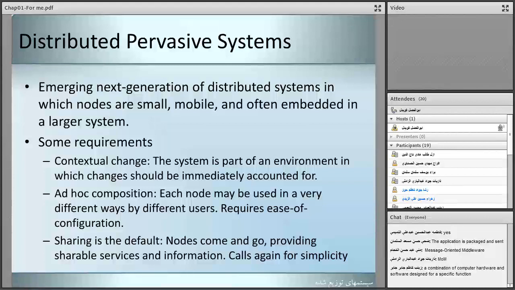Sharing is the default. For example, when you want to connect your mobile phone to the network, it's very easy for you because it's the default property for your mobile phone. You just need to turn your mobile phone on. It is automatically connected to the network.